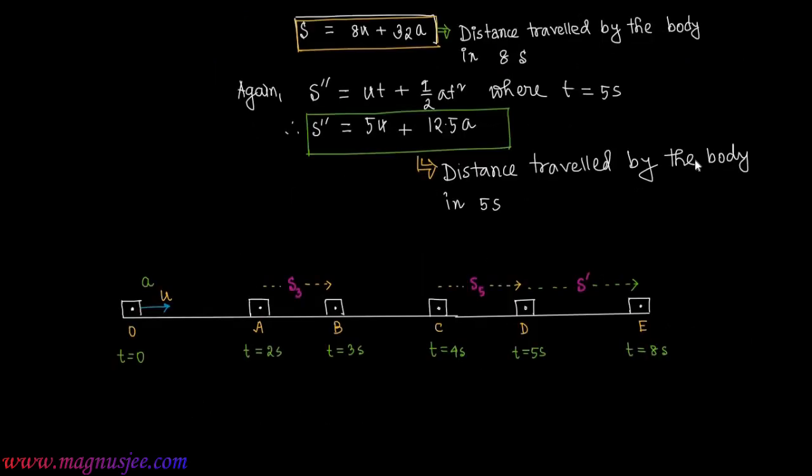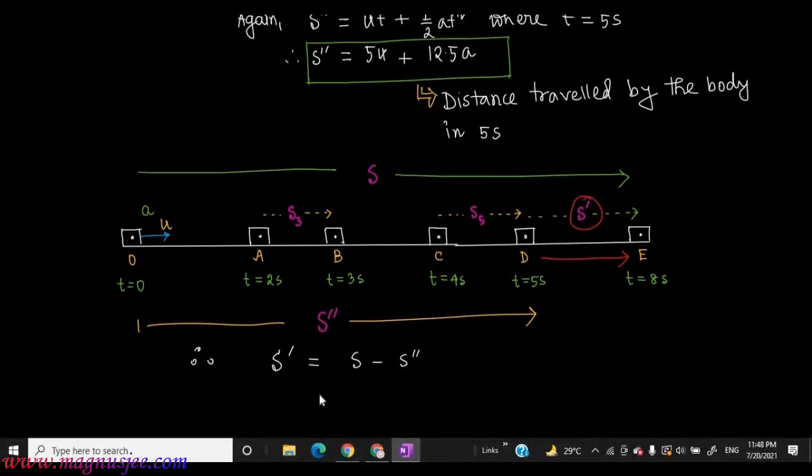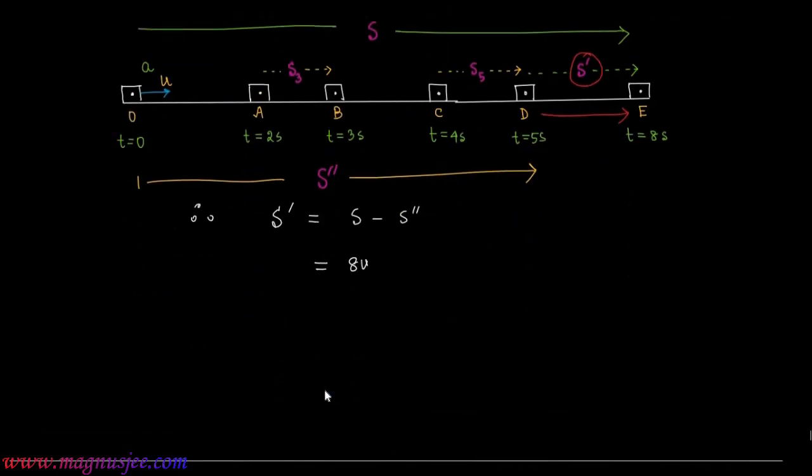Now again we can denote the distances. S is the distance traveled by the body in 8 seconds, S double prime is the distance traveled in 5 seconds, and S prime is the distance traveled between 5 seconds and 8 seconds. Therefore, S prime is equal to S minus S double prime.